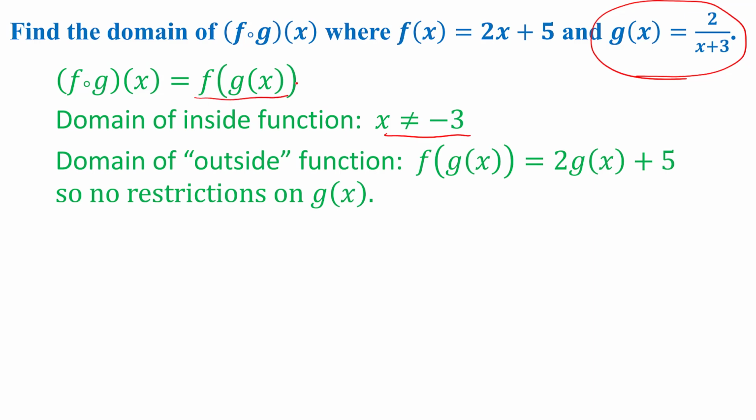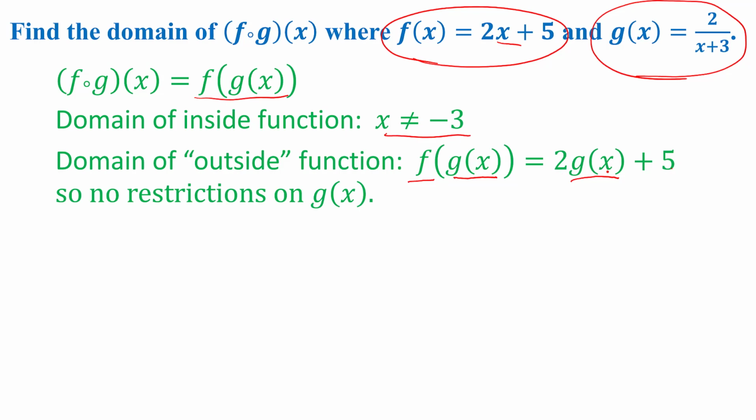if we're looking at f of g of x, then the outside function is going to be f, and we're going to be taking 2 times g of x plus 5. So what values of g of x can I throw in here? I can put anything in for g of x, right? Doesn't really matter what it is as long as it's a real number, I guess.